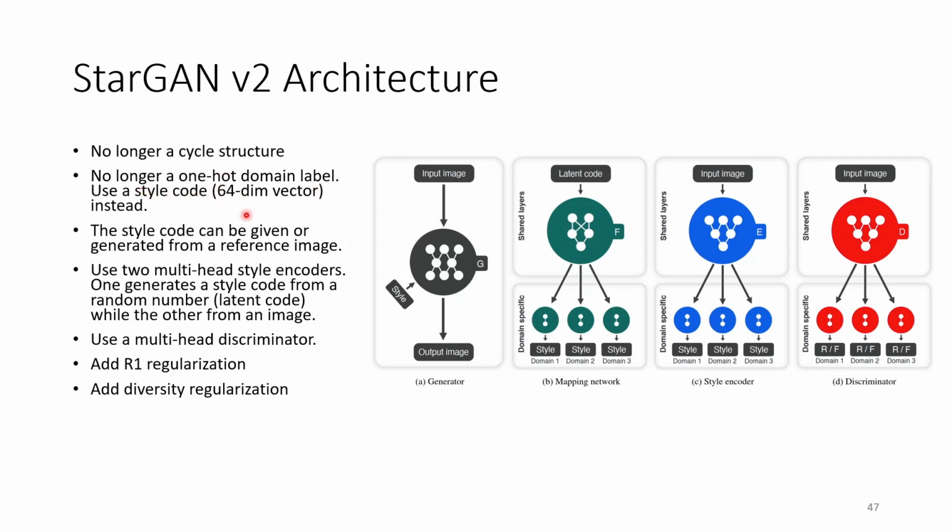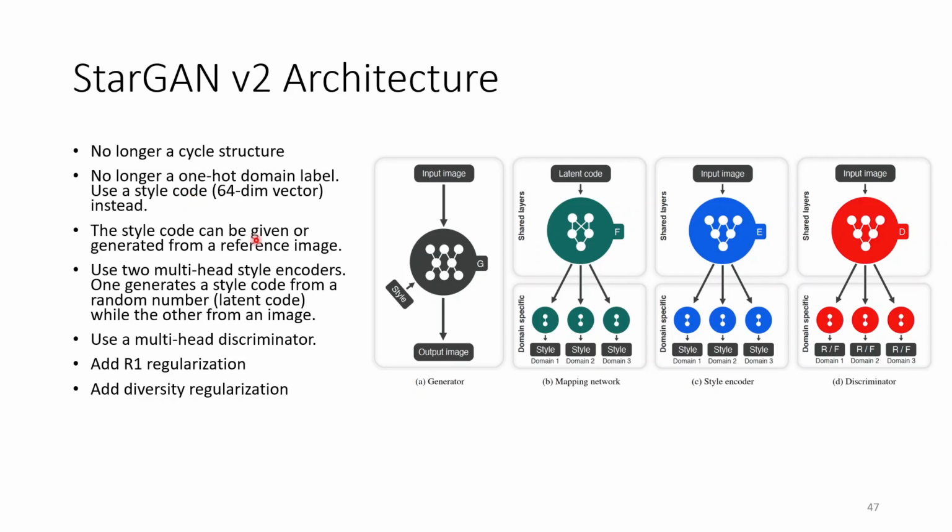It is a 64-dimensional vector instead. Why do they need it? I will explain the benefit of this. Because they use the style code, the code can be generated by a reference image, or just set as a random variable, like the latent code for the GAN proposed by Goodfellow.